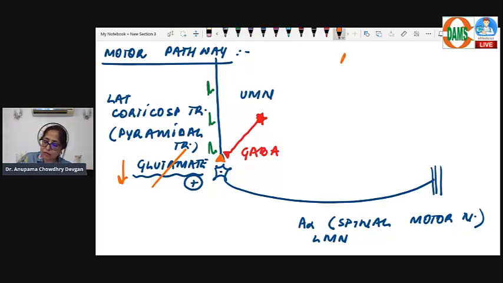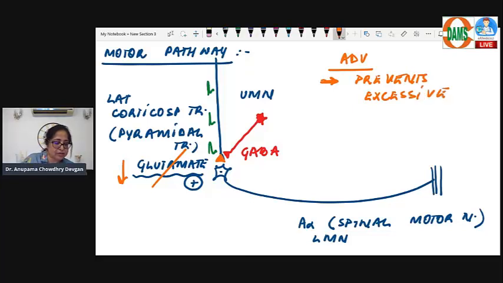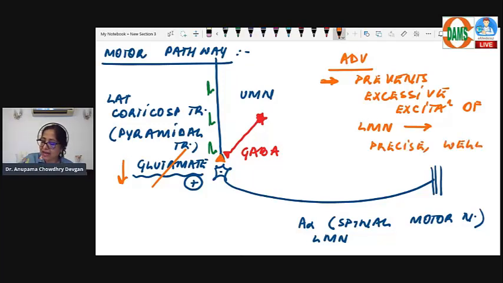What is the advantage of a presynaptic inhibition? Advantage of a presynaptic inhibition is it prevents an excessive excitation of the lower motor neuron, and that in turn leads to a precise and a well-controlled motor movement.